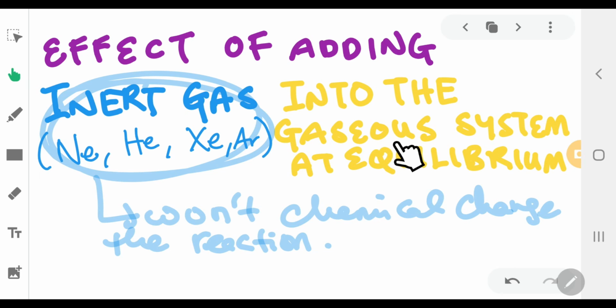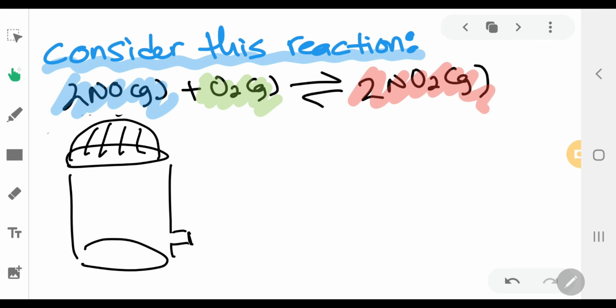So to visualize that, I have a situation over here in which 2 moles of NO gas react with 1 mole of oxygen gas to make 2 moles of NO2 gas. It's obvious that we have 3 moles of reactants and 2 moles of products.